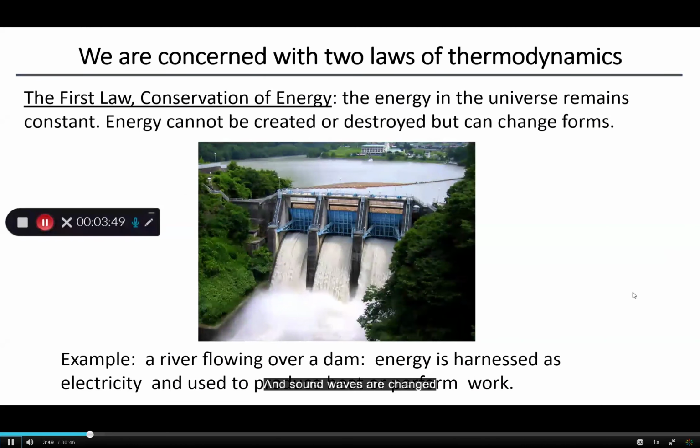Sound waves are changed into vibration waves through the ear as through the process of hearing. Your nerves convert electrical signals and ionic signals to chemical ones. And so many biochemical reactions change the form that energy takes, but it won't destroy it, nor will it create it.